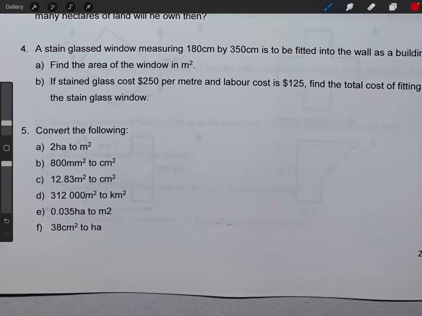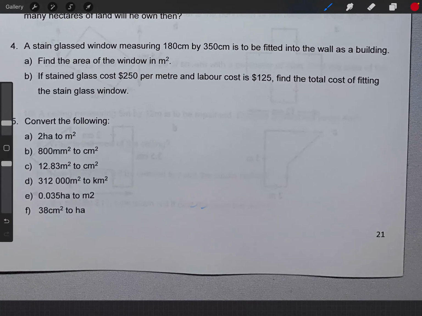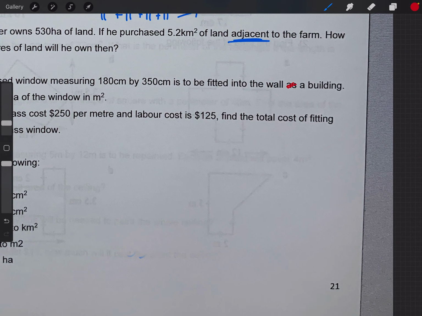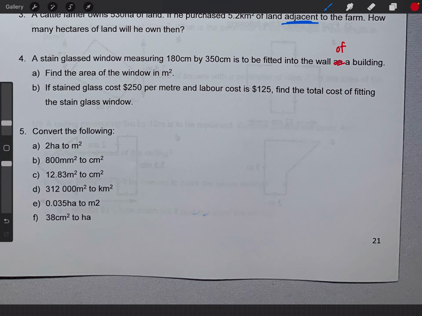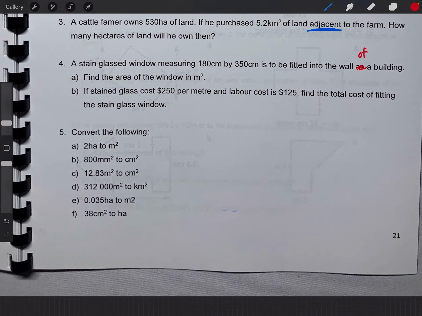Next question. A stained glass window measures 180 by 350 is to be fitted into the wall of a building. Find the area of the window in meters squared.